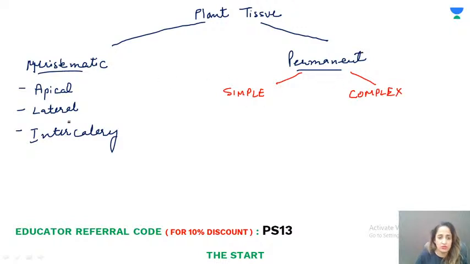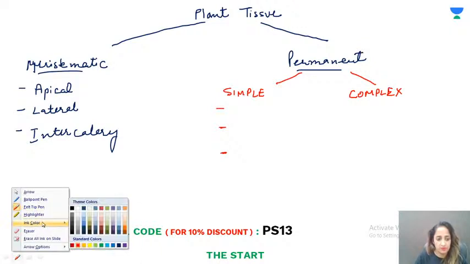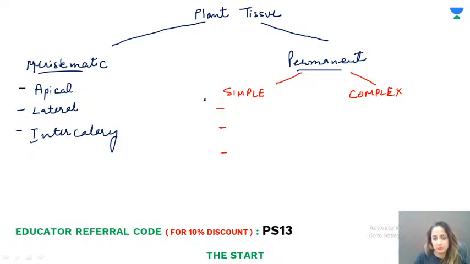When we have simple permanent, this one is further divided into 3 more categories. Let me explain what those categories are. Under simple, you have parenchyma, collenchyma, and sclerenchyma.